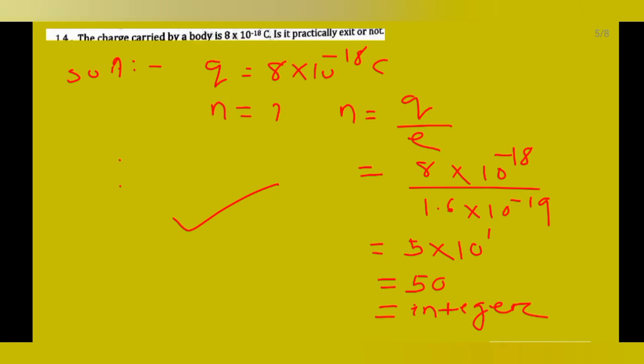I will come to the next question. Calculate the charge carried by an alpha particle. Before this question you should know what alpha particles are. Alpha particles are nothing but helium particles, which have 2 electrons, 2 protons, 2 neutrons.